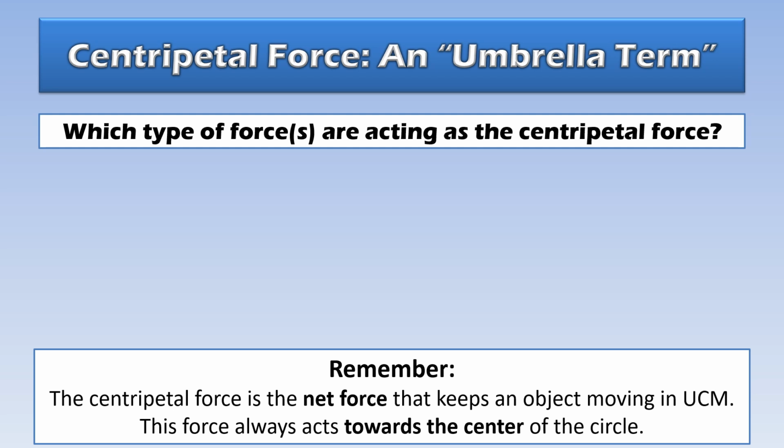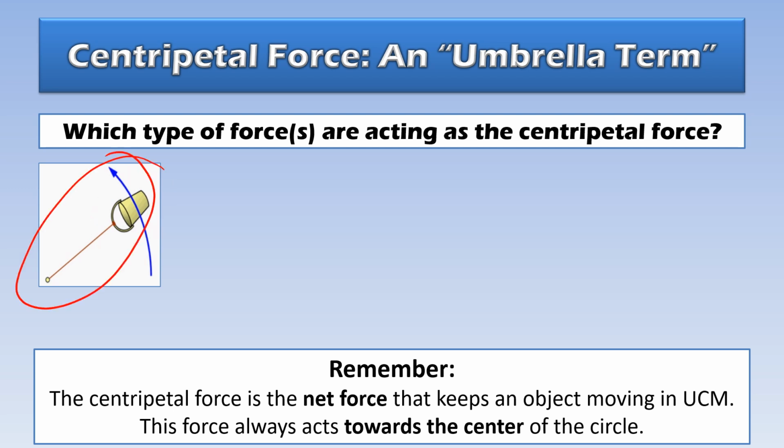So over here, we have a classic physics demonstration that I like to do in the classroom. You have a piece of string that's attached to a bucket or a cup that's filled with water, and you swing the filled cup around in a circle, in a vertical circle. What is the force that is acting as the centripetal force?